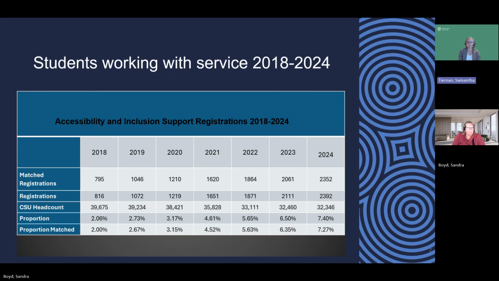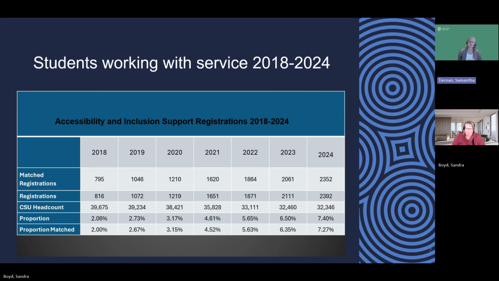Students working with our service from 2018 to 2024. So you can see that over the number of years, the head count is trending in a downwards way, but the proportion of students registered with accessibility and inclusion support as a percentage of head count is increasing. So if you feel like you've got more study access plans in your subjects, these statistics say that that is inaccurate, and that's not just with us, that's across the entire sector.